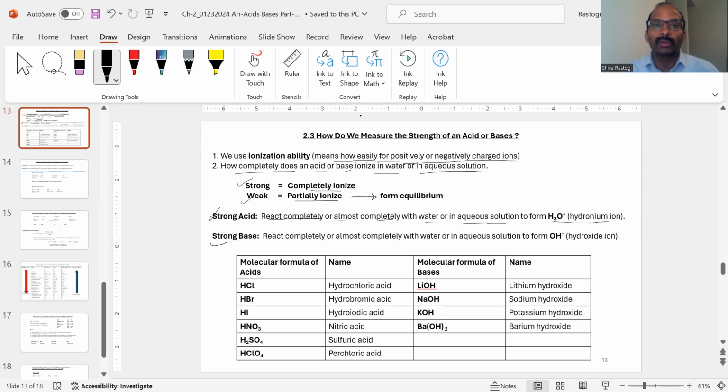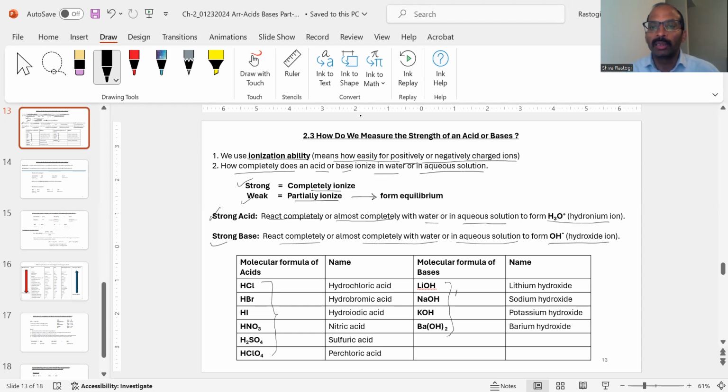And strong bases are those which react completely or almost completely with water or in aqueous solution to form hydroxide ion. These are the six strong acids listed here: HCl hydrochloric acid, HBr hydrobromic acid, HI hydroiodic acid, HNO3 nitric acid, H2SO4 sulfuric acid, HClO4 perchloric acid.